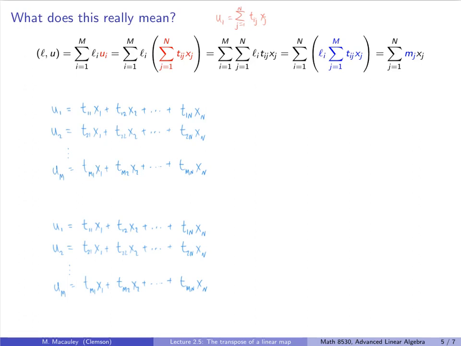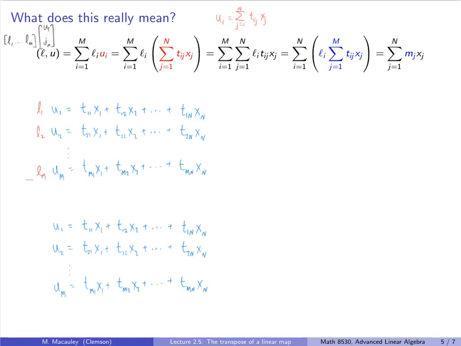Okay, now this is the system of equations up here, and this linear scalar function, L of u, you should really think about as like a row vector L1 up to Lm times u1 up to um. So that is like L1 times u1 plus L2 times u2 up to Lm times um.